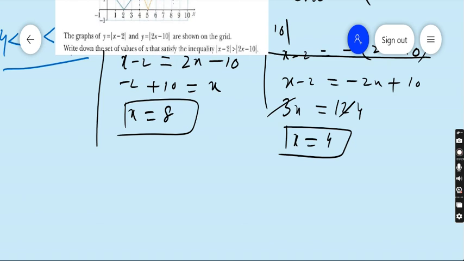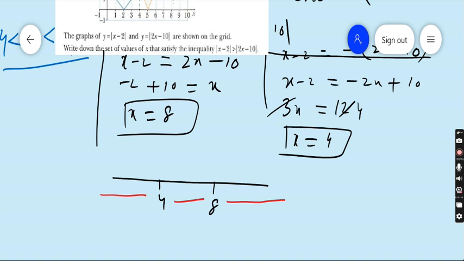Just draw a line, write 4, the first critical value, write 8, the second critical value, and split this line into 3 regions. One is the left side of 4, one is the right side of 8, and one is the middle of 4 and 8.